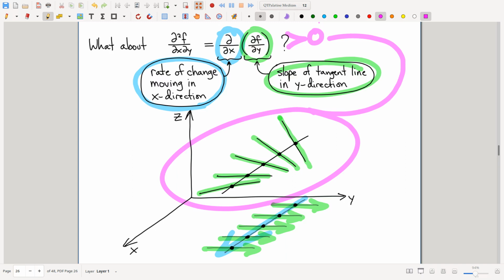Where would the x arrow point? Where would the what now? Like the partial over dx arrow point. Well, partial with respect to x says as I go in the x direction, and here's the x-axis. So here's me going in the x direction, what I have indicated in blue here. And that represents me going in the x direction, and x partial says how much does this thing change as I move in that x direction.